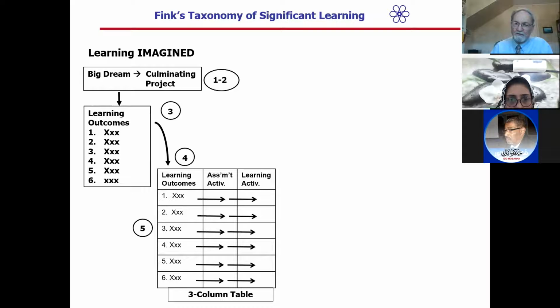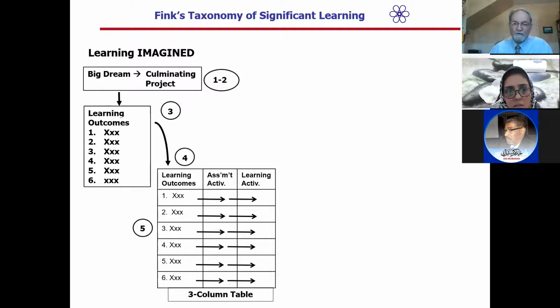But reading the material in a textbook is not a sufficient learning activity for the application. For application, they have to do it and get feedback on how well they're doing it. And you don't get that from just reading a book. And for integration, they have to learn how to make connections between X, Y, and Z. You can't do that by reading the book. You have to give them situations and so forth, and ask, what's the connection between these different things?